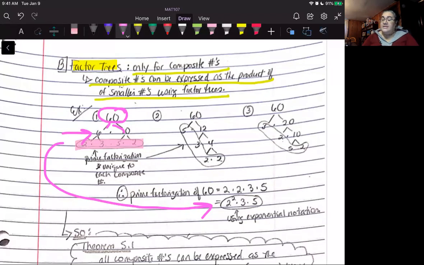Now, what if we took that same 60, but this time we started with the factors 5 and 12 that also happen to multiply and give you 60, okay? We could start there. We keep the 5 because the 5 is prime, but that 12 isn't, so we have to break that 12 down. We break that 12 down into 3 times 4. We keep the 3, again, because it's prime, but that 4 isn't, so we need to break that down.